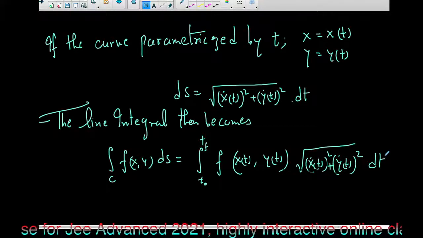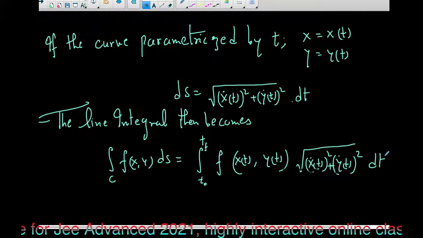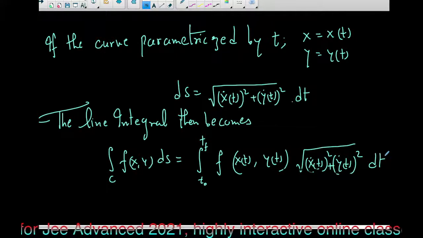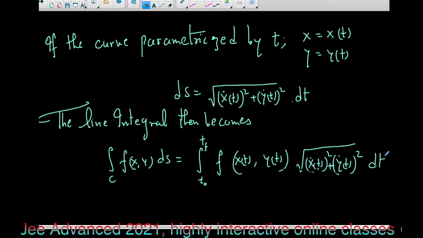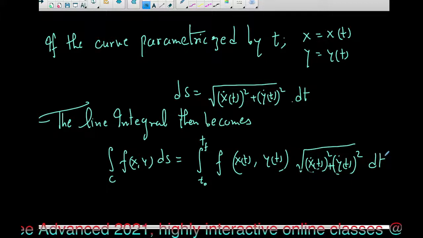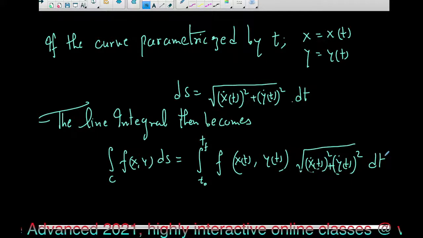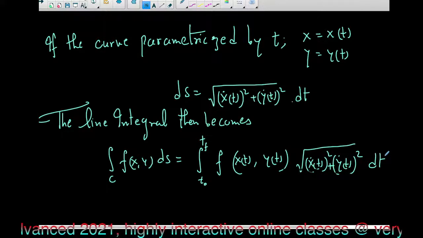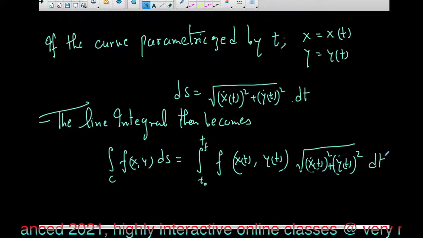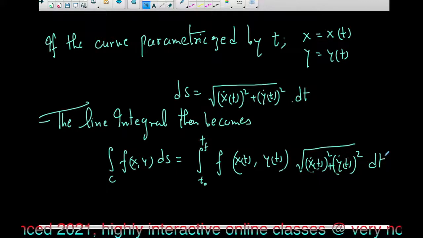Yes, sir. Fine. So may I go for arc length also, or just let's discuss some problem? Can you take numerical on this? Yes, you can do a short numerical also.